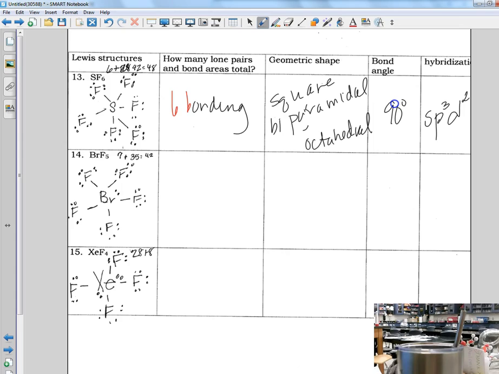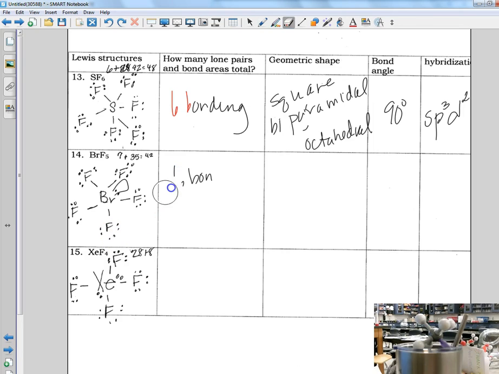Our next one, we have 5 fluorines, but we have enough electrons to have a lone pair. This makes our square pyramidal. We have a pyramid shape that's square on the bottom. So if we count bonding areas, including the lone pair, 1, 2, 3, 4, 5, 6 bonding.